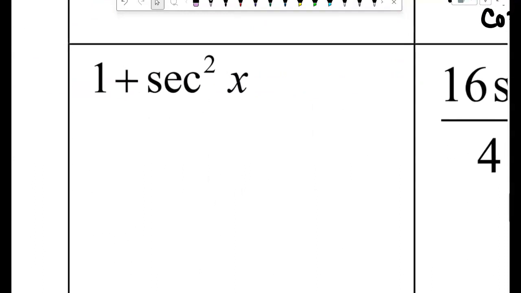This one, what would you do? That's 1 plus secant squared x. What's the possibility of this one? That looks like a what? If I see a 1 plus something squared, is that kind of the idea of a Pythagorean identity? Yeah, and that's probably where I'd go with this one first. I'm going to use one of the Pythagorean identities.